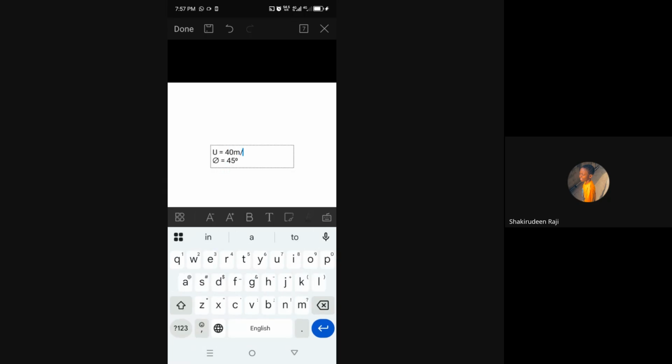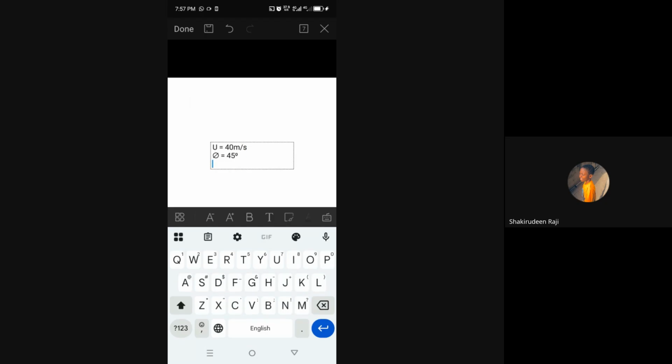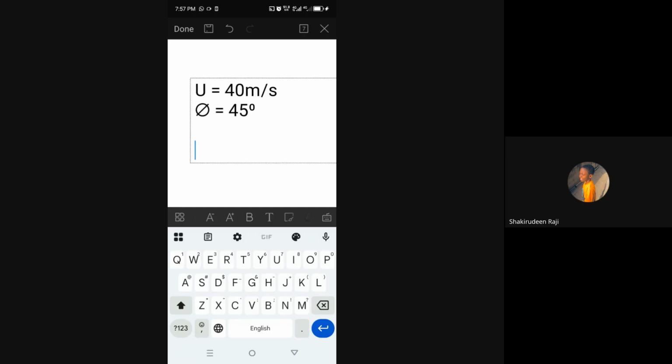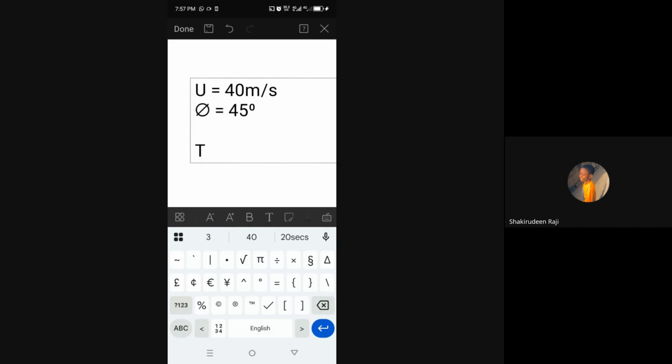You have to calculate time of flight. I should have added the range to that question and even maximum height. But time of flight is equal to what? Who can tell me the formula for time of flight?